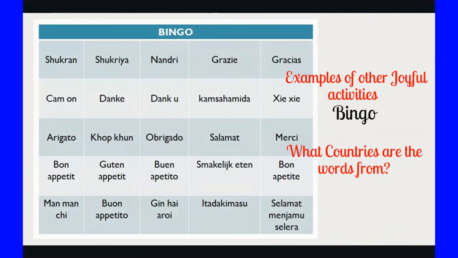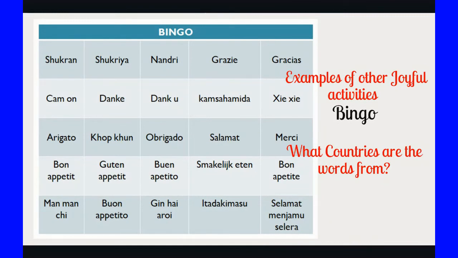Okay, I will also give another example of joyful activities. For instance, you can use bingo. I put words on the bingo card, with cross-cultural knowledge such as thank you or greetings, for instance.